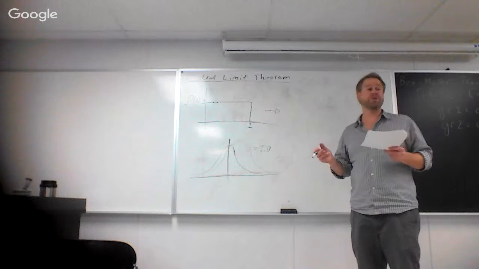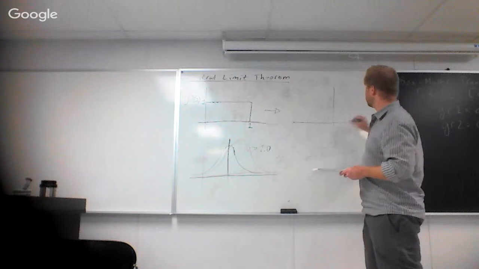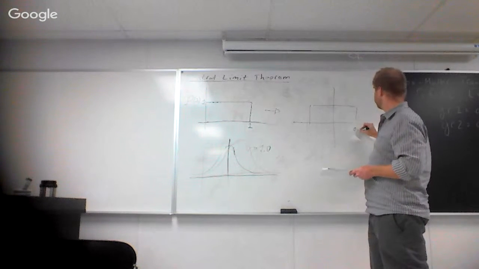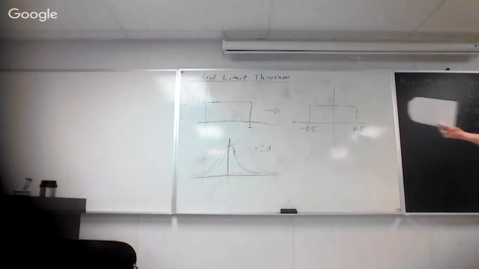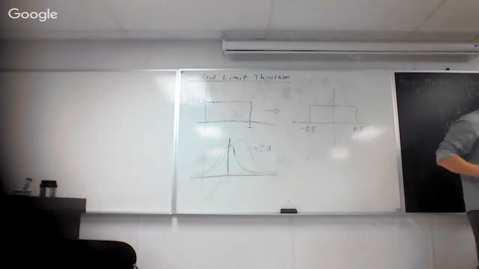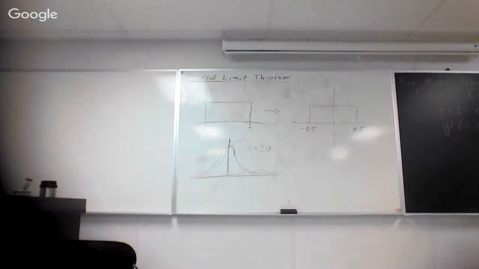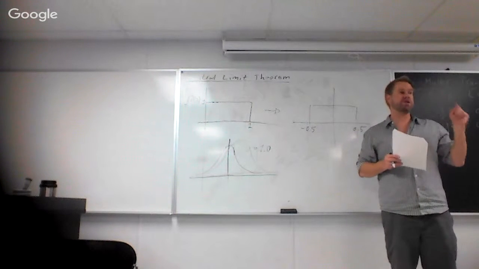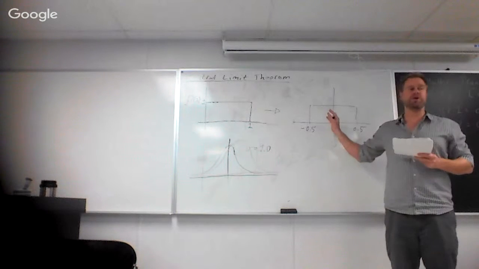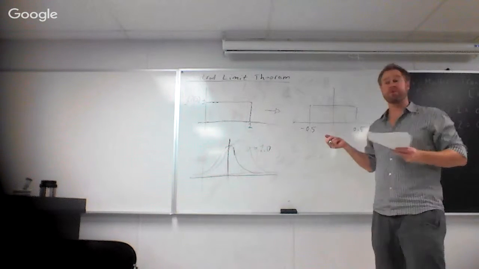I want to shift the distribution so that my random numbers go between -0.5 and 0.5, because this way it's centered on 0. It could be centered elsewhere, but you have to be careful, and we'll talk about why in a second. The first thing we want to do is just shift it so it's centered on 0. We want a mean of 0.